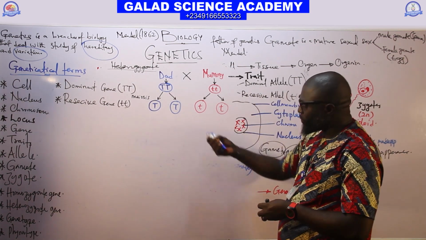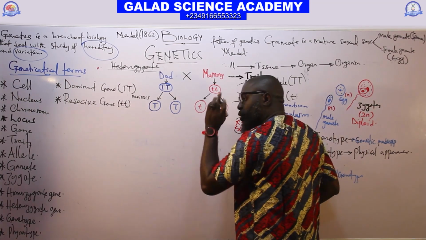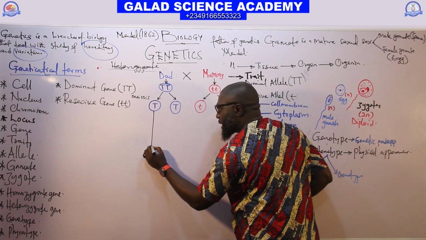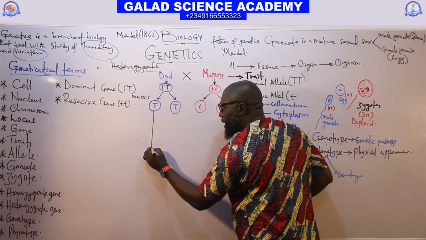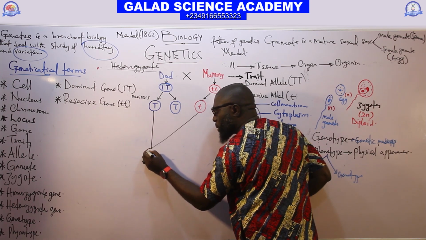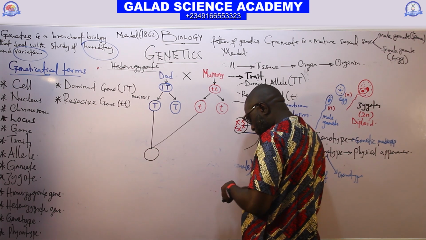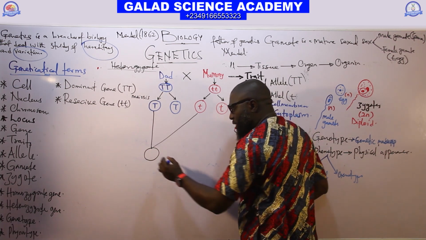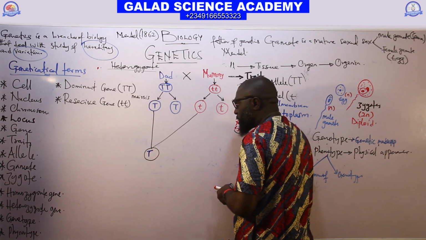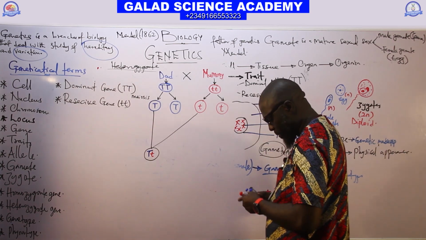So during the course of this, please be careful. Here, this T combines with this one, and you now have T and small t.